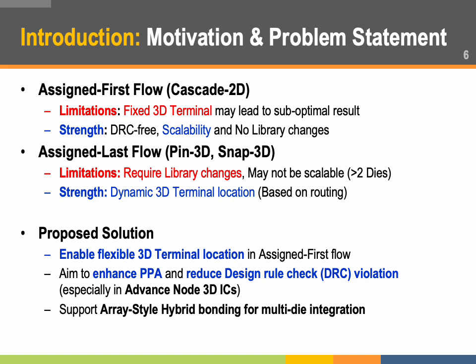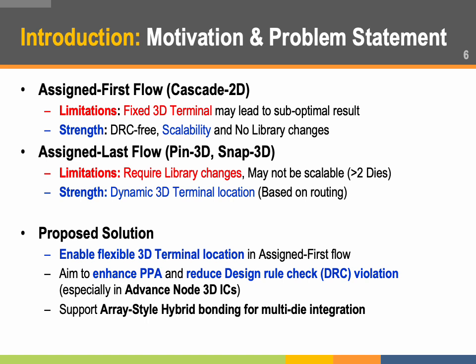Based on the two types of 3D terminal assignment, the assign first flow offers a scalability benefit for multi-die integration, but suffers from PPA, power performance area, issues due to the fixed 3D terminal locations. The assign last flow provides better PPA, but faces design rule check, or DRC, challenges, and may not be scalable since it requires a 3D metal stack.